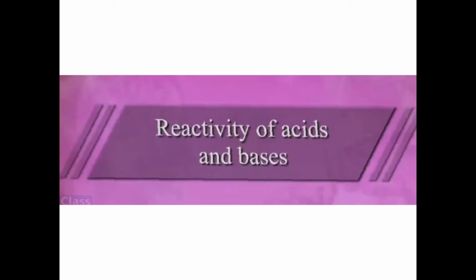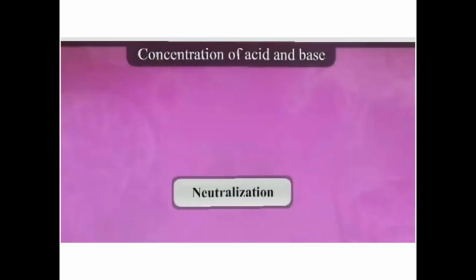Now let us come to the reactivity of acids and bases. Children, a normal thing which is used in our day-to-day life also, to clean the toilet or to clean the copper vessel, all these things, we use the chemical reaction called neutralization.